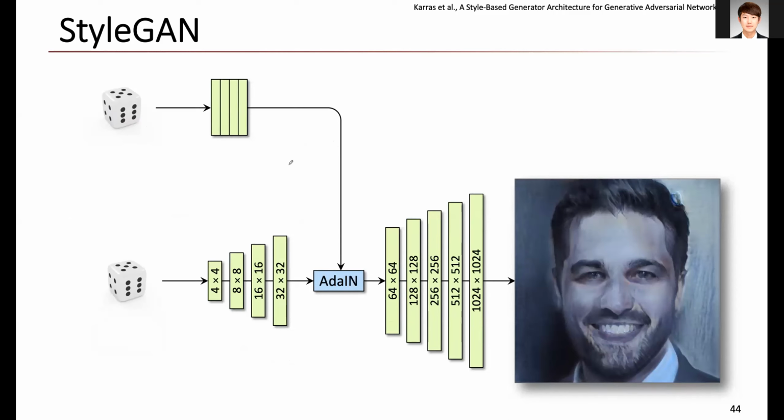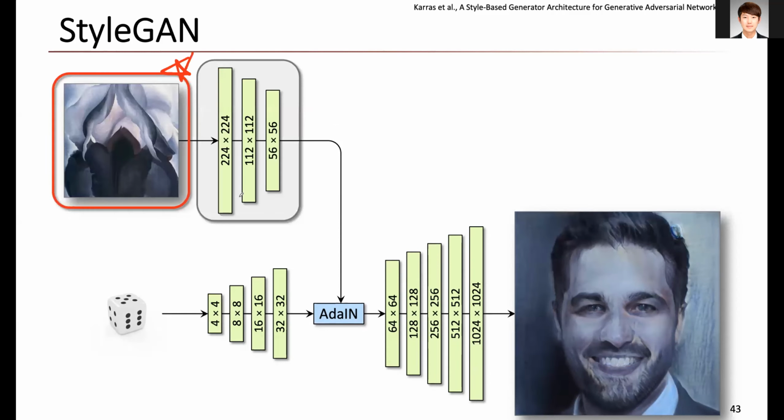There was a question: is the mean and standard deviation in AdaIN computed along an axis of the feature? Right, the axis of the feature vector.